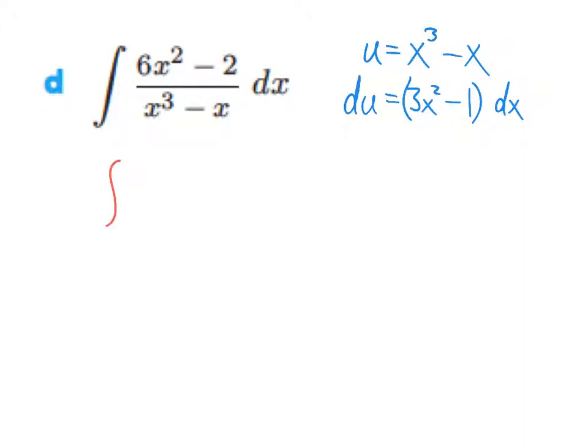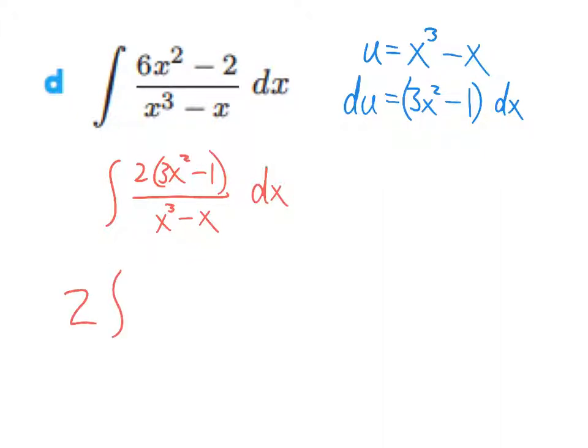This is the integral of 2 times (3x squared minus 1) over the x cubed minus x. You'll notice here that the 2 I can actually just pull out of the integral, and I'm going to rewrite this. Once you get the hang of this, you wouldn't necessarily rewrite all of this, but I want to show you everything here.